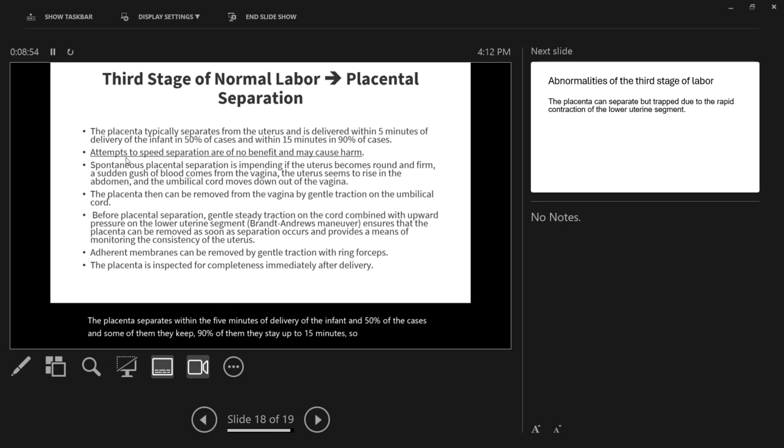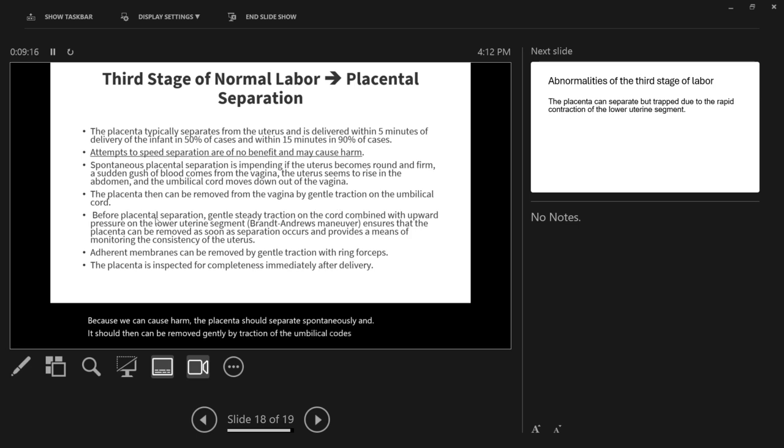So we should not attempt to do a separation of the placenta because we can cause harm. The placenta should separate spontaneously, and it can then be removed gently by traction of the umbilical cord.